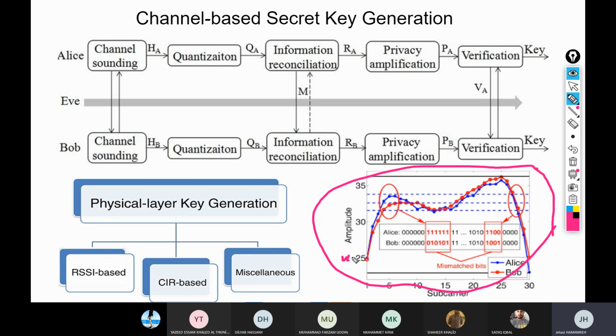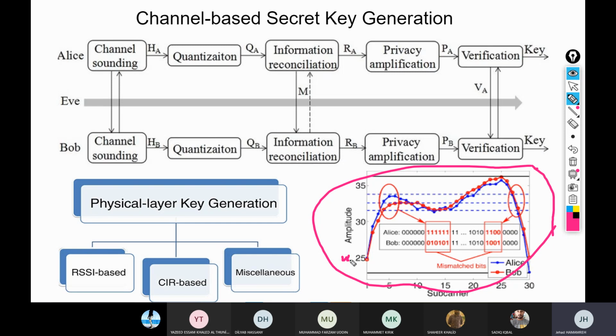So you basically need 3 bits to represent each level. You start from 0, 0, 0 till 1, 1, 1. So the lowest level is 0, 0, 0. Highest amplitude level is 1, 1, 1. Now, based on the value of the amplitude at each subcarrier, you just map it to bits.